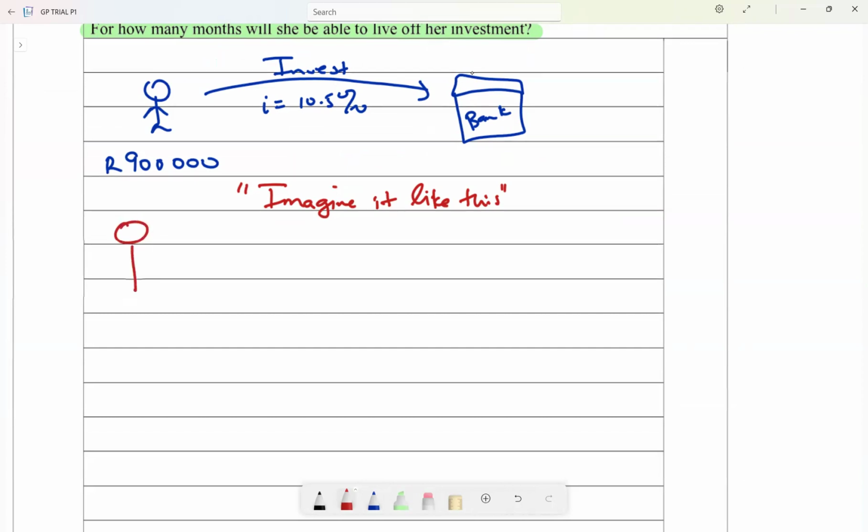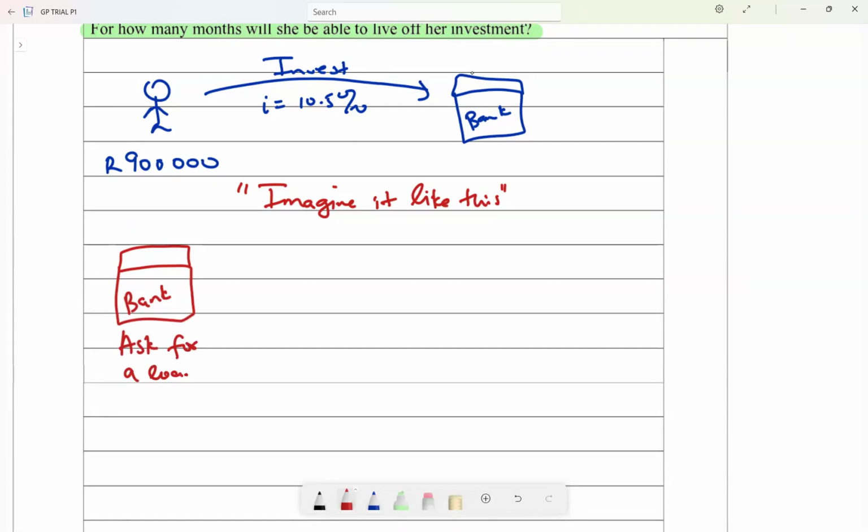Imagine Kasala loaning the bank. Let me say the bank asks for a loan of 900,000 from Miss Kasala.